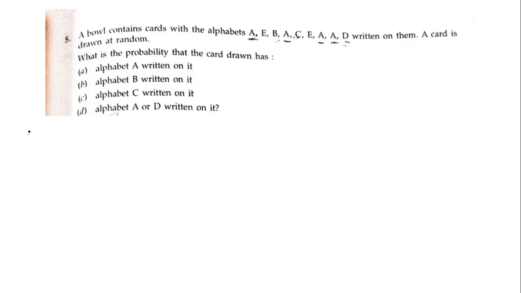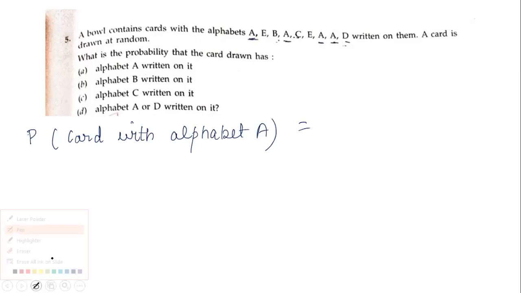So probability of a card with alphabet A written on it is, देखिए A कितने कार्ड्स पर लिखा हुआ है. Let us count the number of cards where A is written. 1, 2, 3, 4.